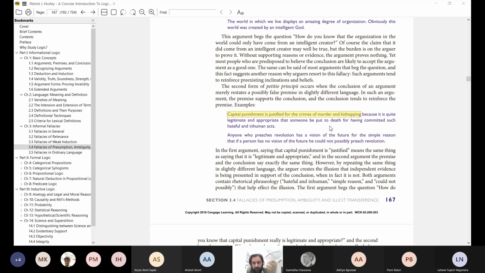We may have a doubt about whether the premises are true, but the interesting problem with this really centers around the "because". The premise is not providing a relationship of evidence or justification for the conclusion, because they're just saying the same thing.